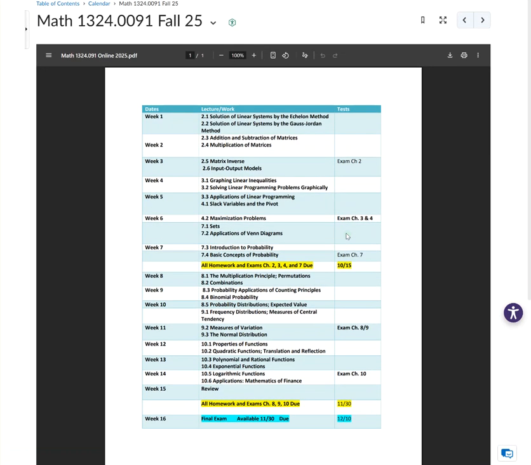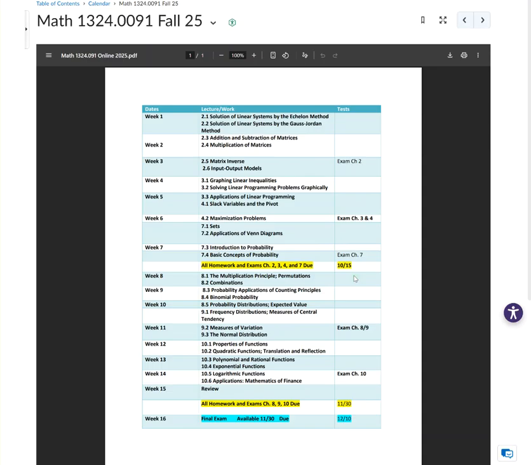So it looks very much like the other one, but it does have that this is broken up into 2 big chunks. So for 7 weeks, you're covering chapter 2, chapter 3 and 4, and chapter 7.